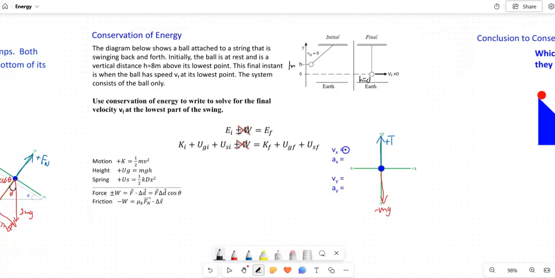It's moving directly to the right, and it's at the bottom of the swing. Let's say right before it touches the bottom of the swing, it's still speeding up in the x direction, although it's got no velocity or acceleration in the y direction at the bottom of the swing.